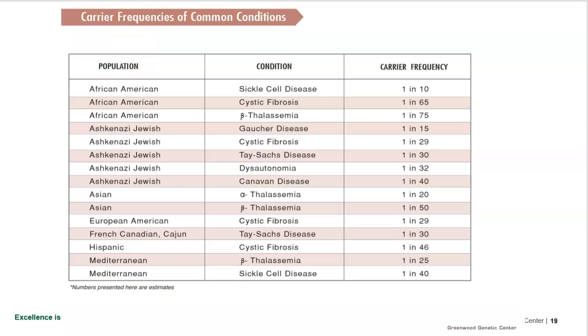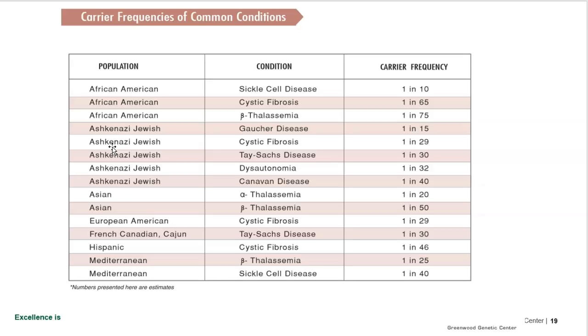Now that gets us to, how does that happen? Well, sometimes we know and sometimes we don't. The carrier frequency for sickle cell anemia is 1 in 10 in the African American population, which is a really high number. It's pretty well believed that sickle cell being a carrier, or 2PQ, increases your chance of survival with malaria.